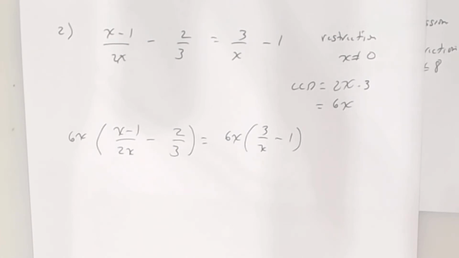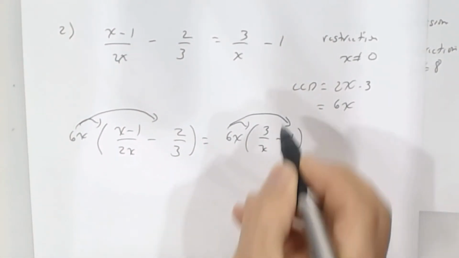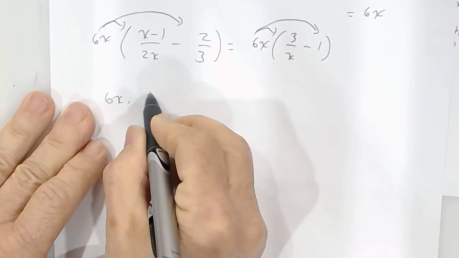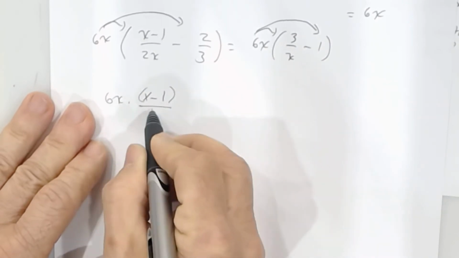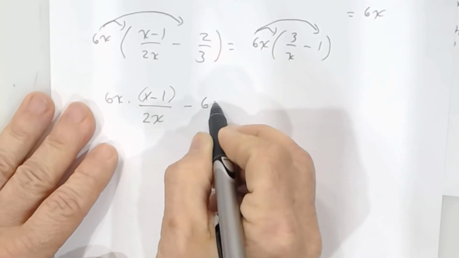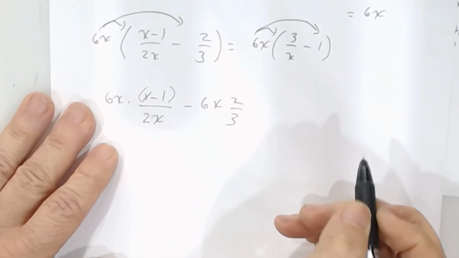Now, based on all the problems we've done, what's the next step? Distributive property. In both cases, you can distribute the 6x. So you can say 6x times (x - 1), and you're going to put that in parentheses, very good, divided by what? 2x. Minus 6x times what? 2/3, just like this.